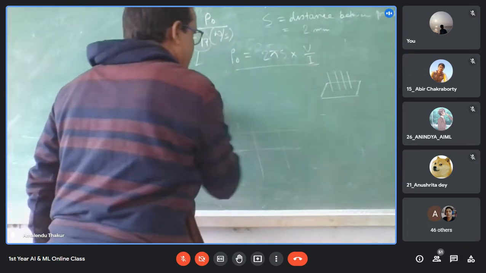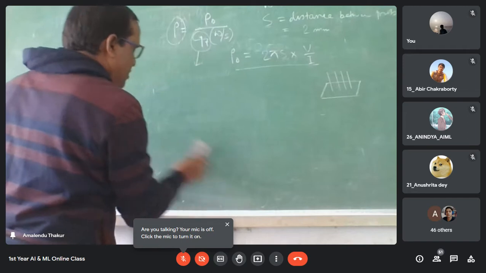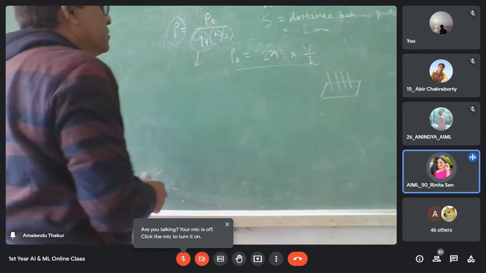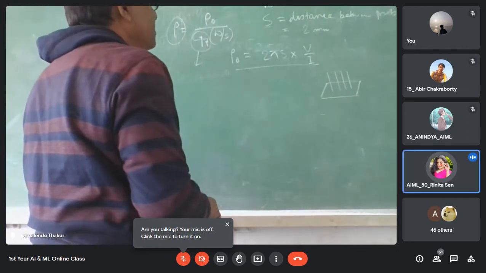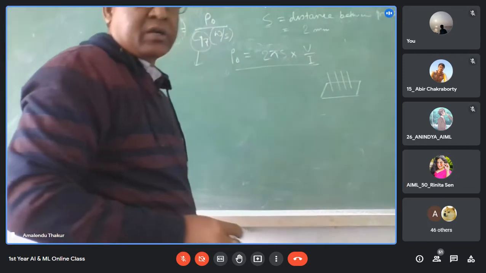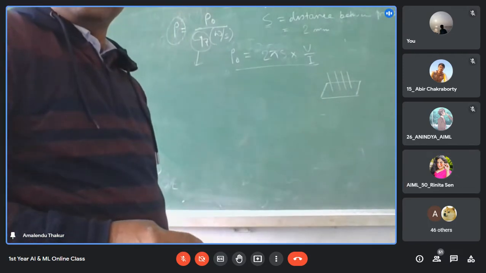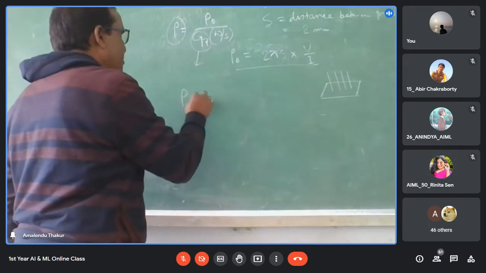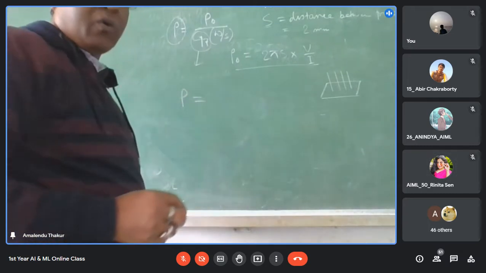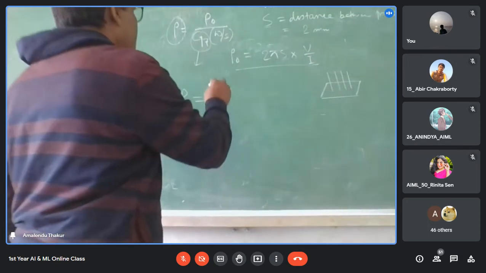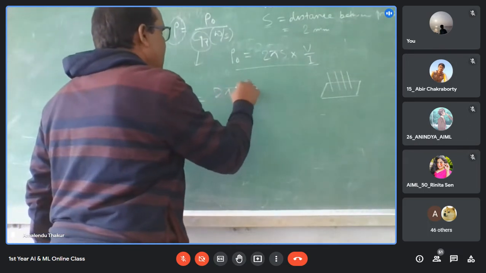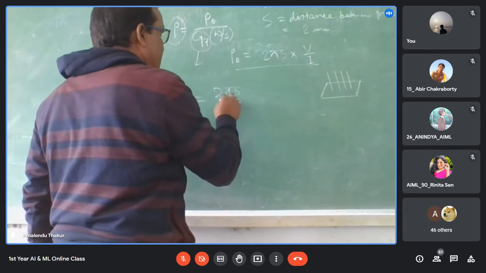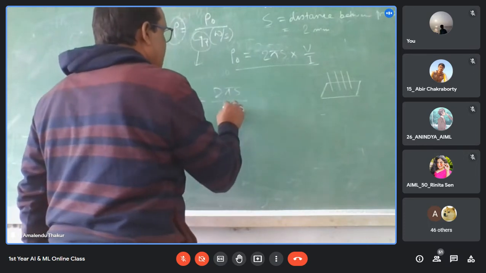Now, 2 millimeter is the distance between the probes, and 0.5 millimeter is the thickness of the semiconductor. Therefore, finally, what will be the value of rho? Rho will be 2 pi s by G7.